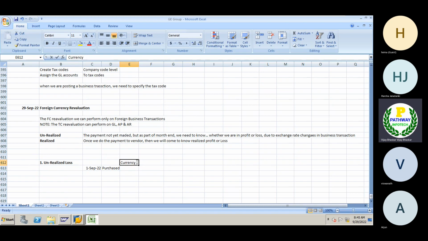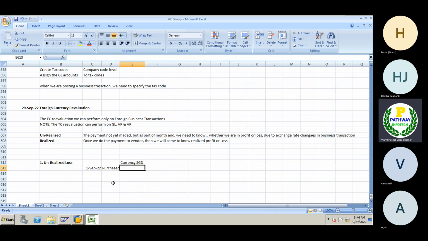Let us assume Singapore dollars, whatever it may be. I will let you know what the Singapore dollars are.